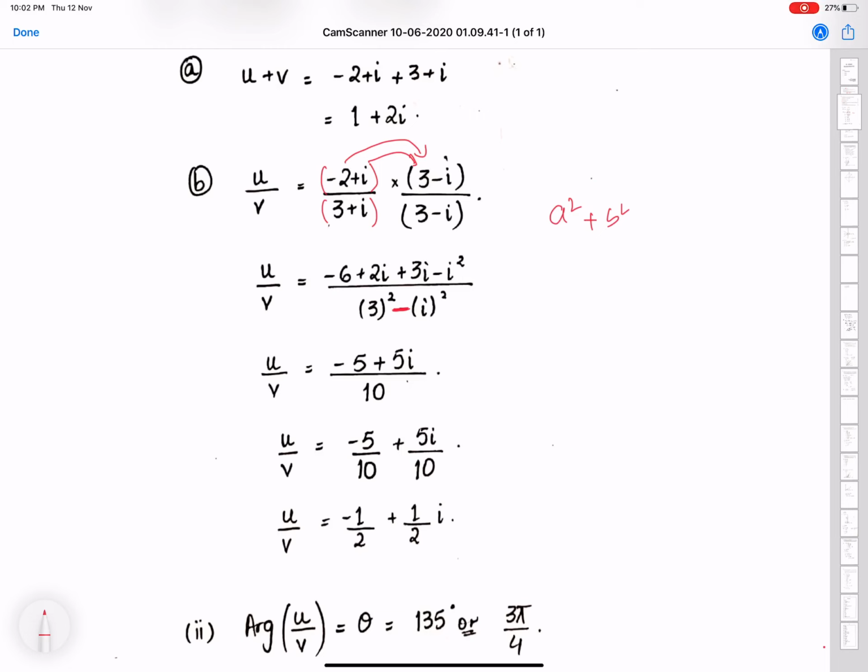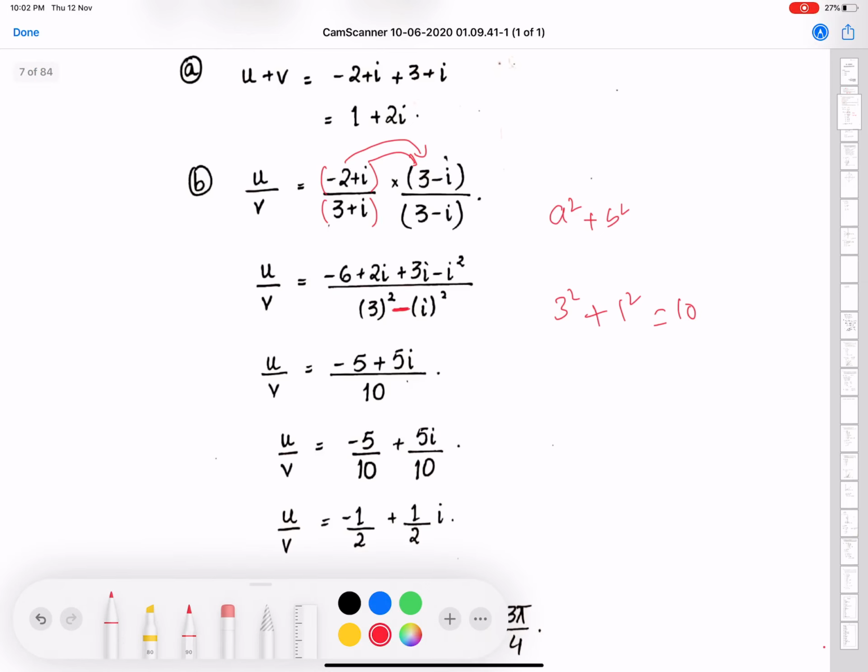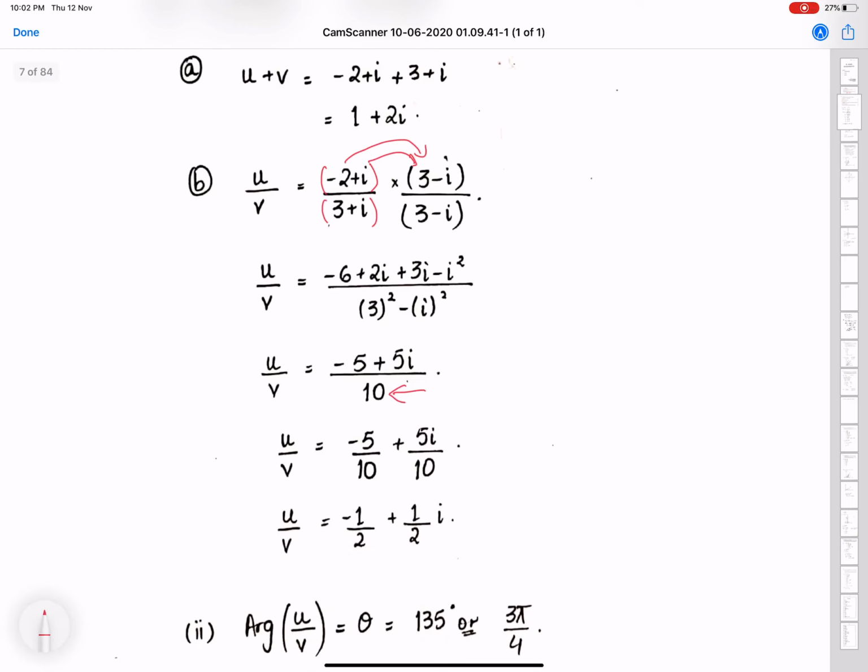So you know i square is minus 1, therefore it will become 3 square plus 1 square. So this will become 10. In the denominator you have a plus b, a minus b, and the simplified form of the denominator is this, and the numerator is this. We always break the LCM because we give the answer in this form, a plus bi.